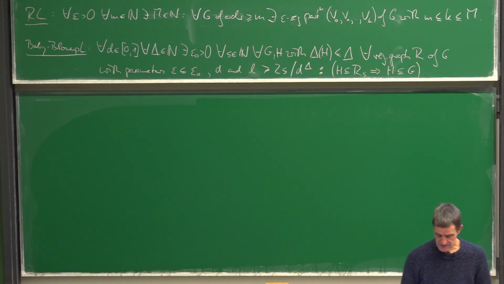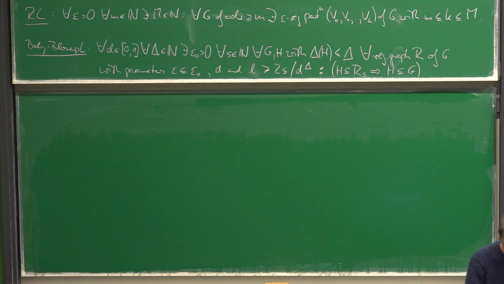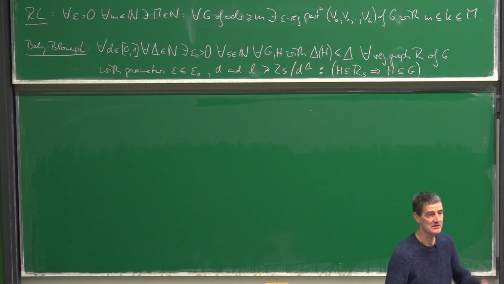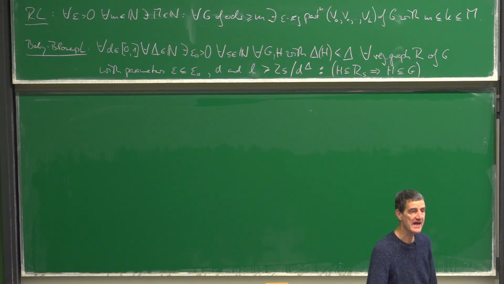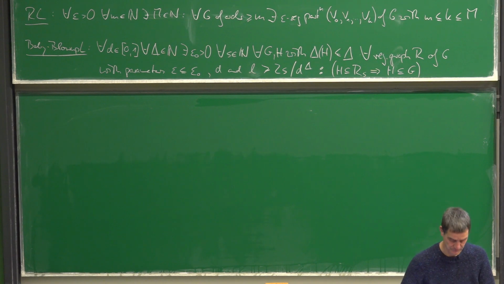Right, so you remember the Ramsey number of an integer, little r, and that was the least little n, such that when we two-color the edges of Kn, we can find a monochromatic Kr in it.